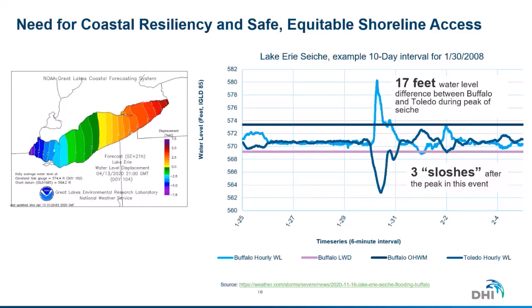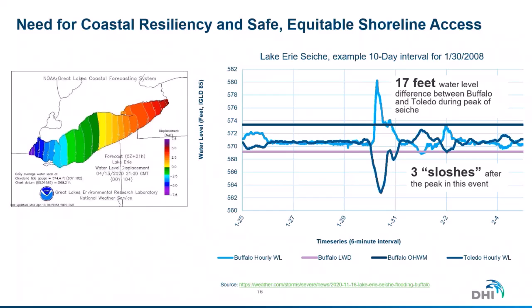So one of the very interesting phenomena on Lake Erie that some of those on the call are likely very familiar with, whereas others may not have seen this, is this concept of pretty significant setup that can occur on the lake. The orientation of the lake and its shallow nature makes it prone to seiche, and the difference can be pretty profound. So you have Toledo towards the west of the lake and Buffalo towards the northeast of the lake.